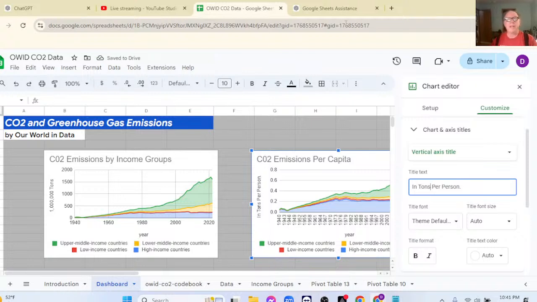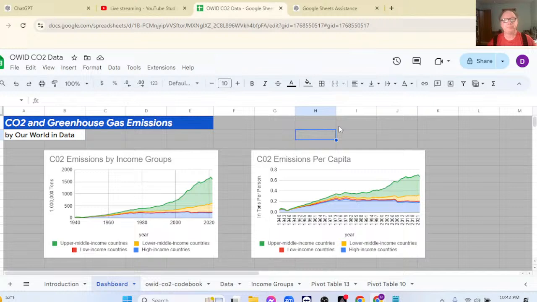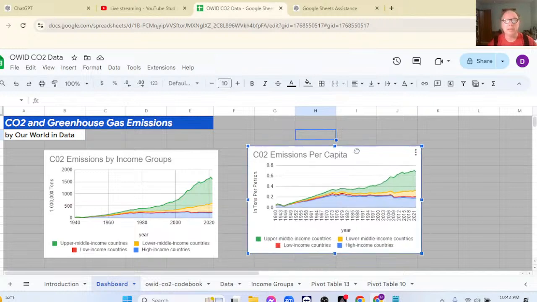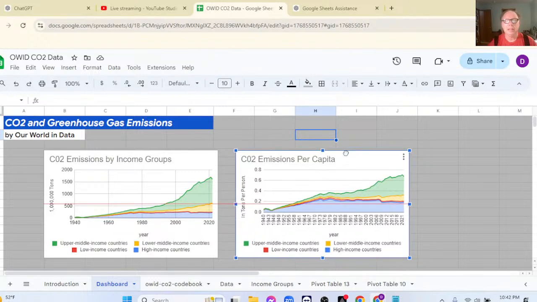My guess is the TONNES could be the British spelling, maybe, I don't know. And now we know how to create two identical plots using two different data sets. And there you have it.